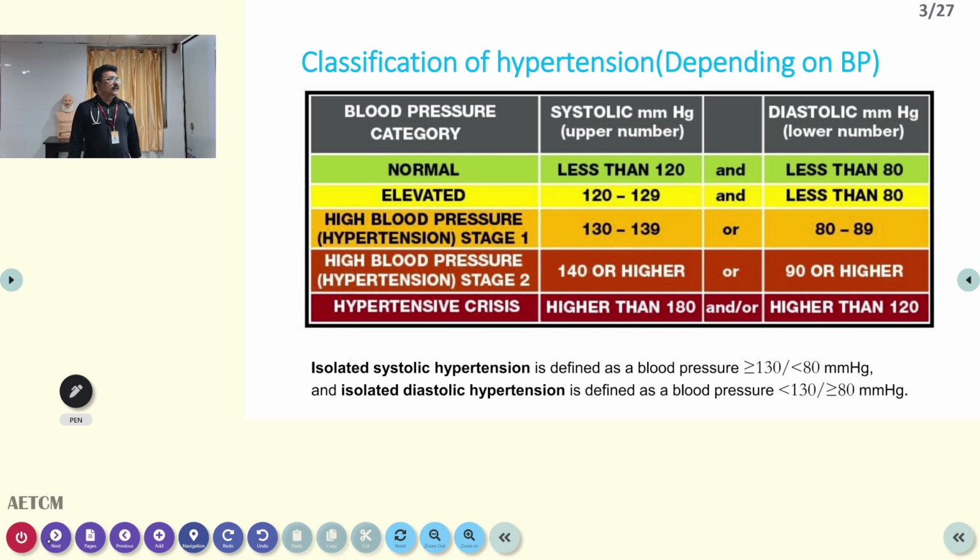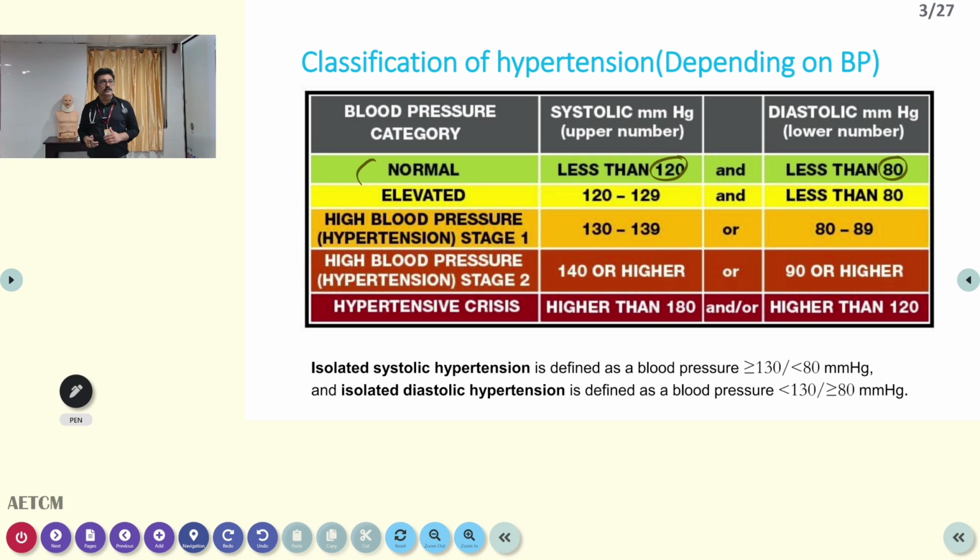So blood pressure category: normal is less than 120 and less than 80. There is a problem in that classification, and I'll tell you why. This is a standard classification accepted all over the world, but normal is given as less than 120 and less than 80, so that produces some confusion.